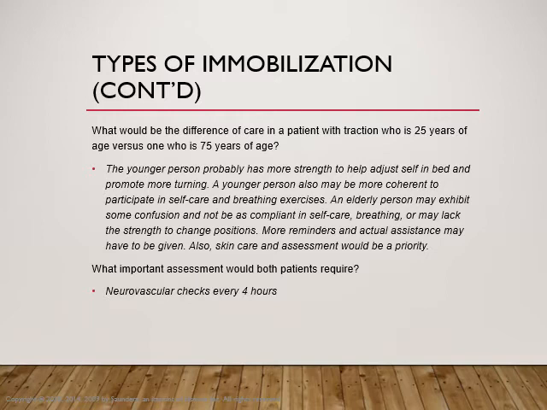An elderly person may exhibit some confusion and not be as compliant in self-care, breathing, or may lack the strength to change positions. More reminders and actual assistance may have to be given. Also, skin care and assessment would be a priority.